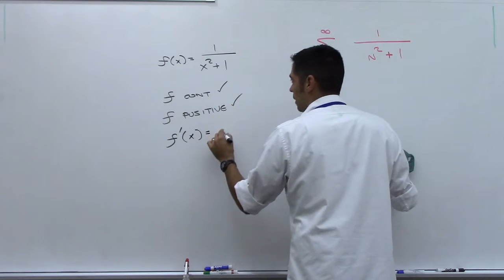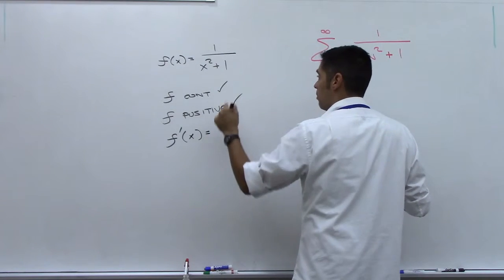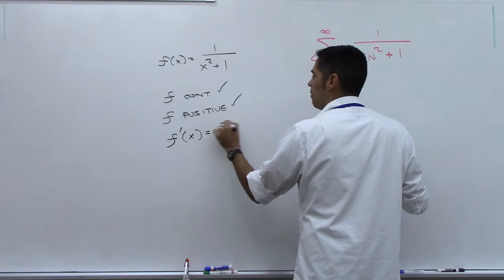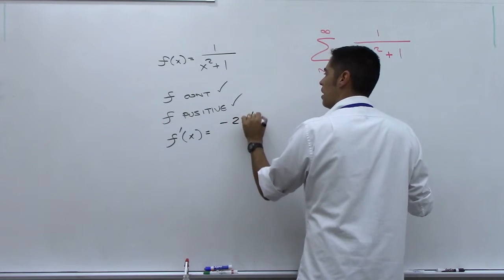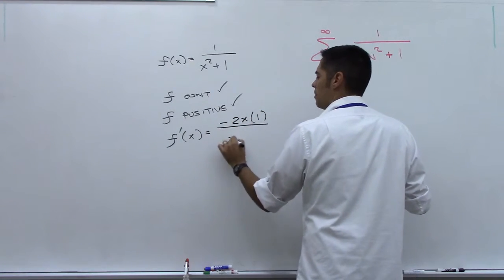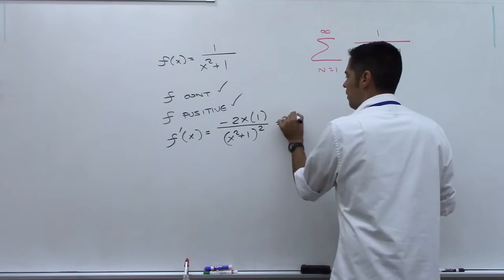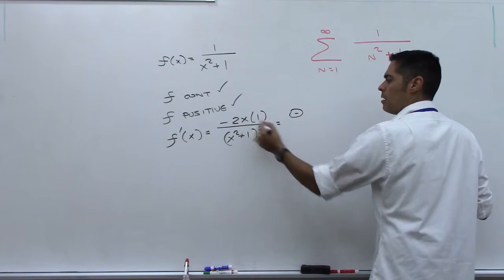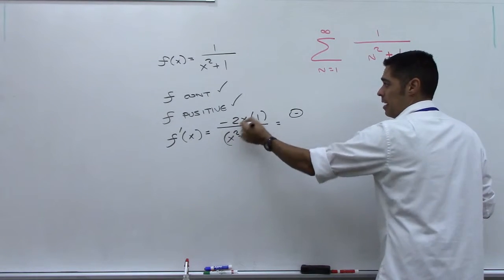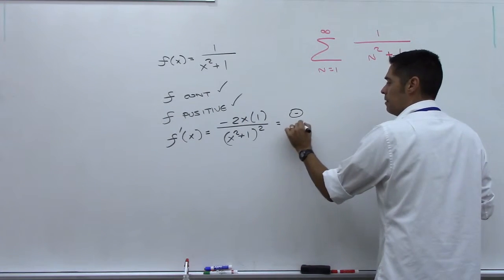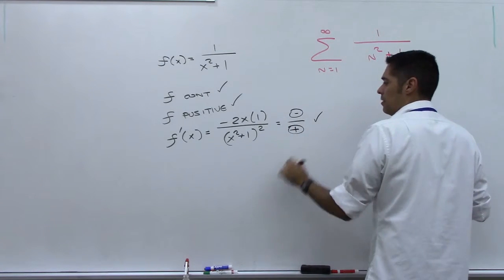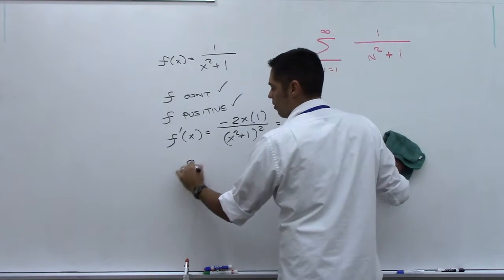I would do the quotient rule: derivative of the top, which is 0 times the bottom, won't matter, minus derivative of the bottom times the top, over the bottom squared. This is definitely a negative number on top, as long as x is positive. The bottom is always positive. So yeah, that checks out. This means f will be decreasing.